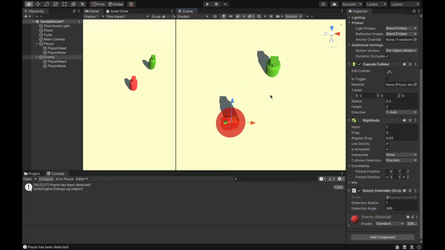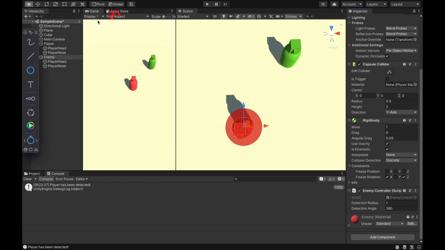We are normalizing the position from the enemy to the player, and scaling it down. If the player position is somewhere here, it would be scaled down from here to here, and so on. So that's how it's working.